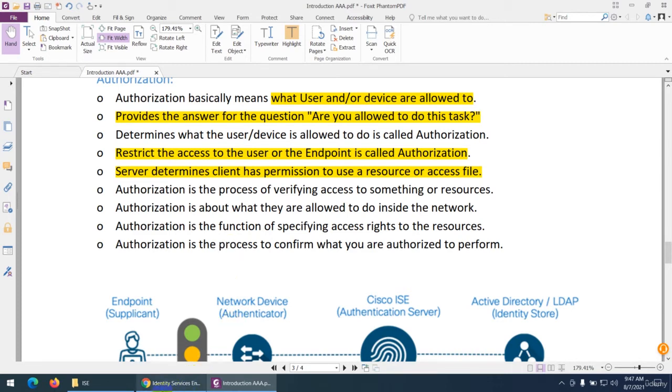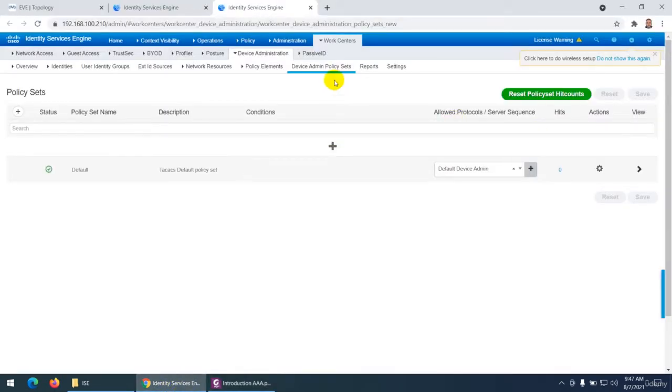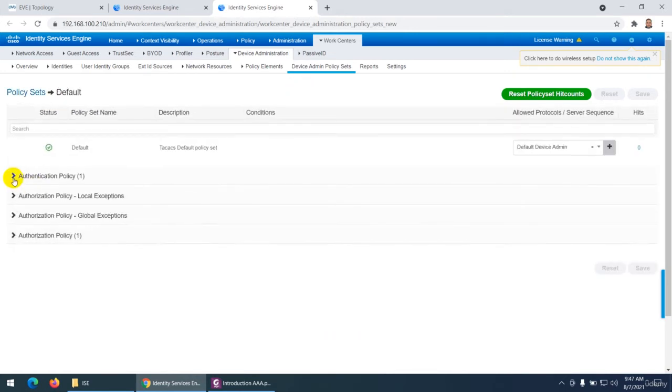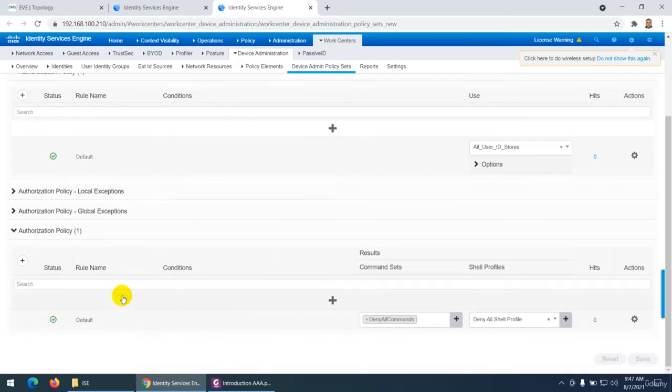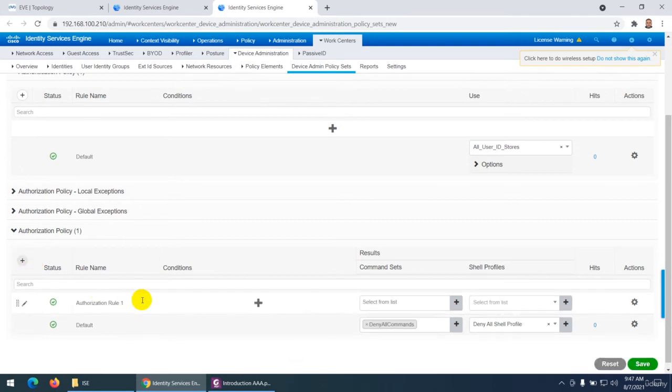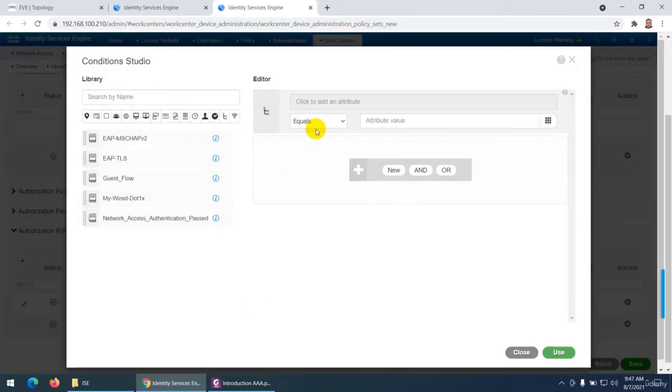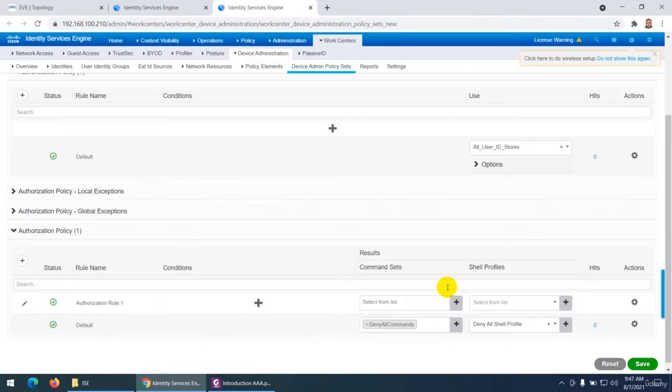So you can restrict someone here. Suppose this is the device administration one. Here you have authentication, and when it authenticates the device, then here you can create an authorization policy. And here you can put that if this is the group name, what commands they can run.